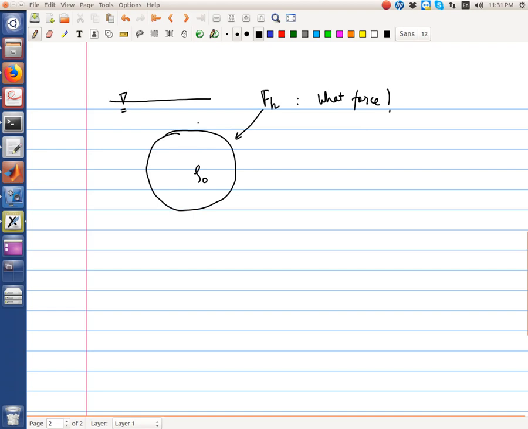We know that pressure acts in the normal direction uniformly on the sphere, and the problem is axisymmetric because there is no phi dependence on the problem. So if we call this theta, the problem only depends on theta and not phi. Phi is the polar angle.